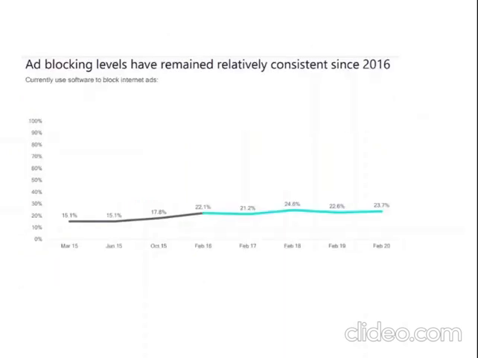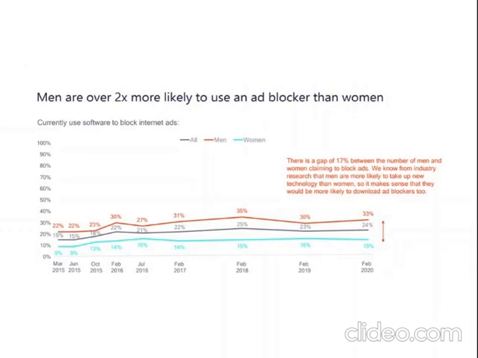And back to the IAB February 2020 data, this suggests that ad blocking levels have remained relatively consistent since 2016. And again, more information about the actual demographics. Men are 2 times more likely to use an ad blocker than women. And this is possibly due to that we know that men are more likely to take up new technology than women.